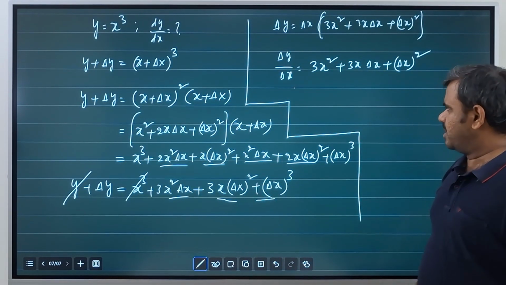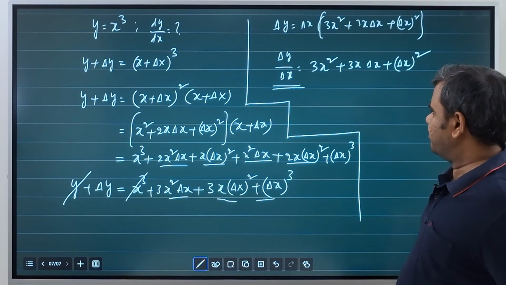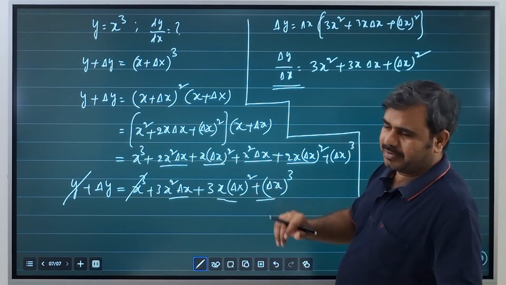This is what we are interested in. We are always interested in the rate of change in y with respect to x in an interval of x.